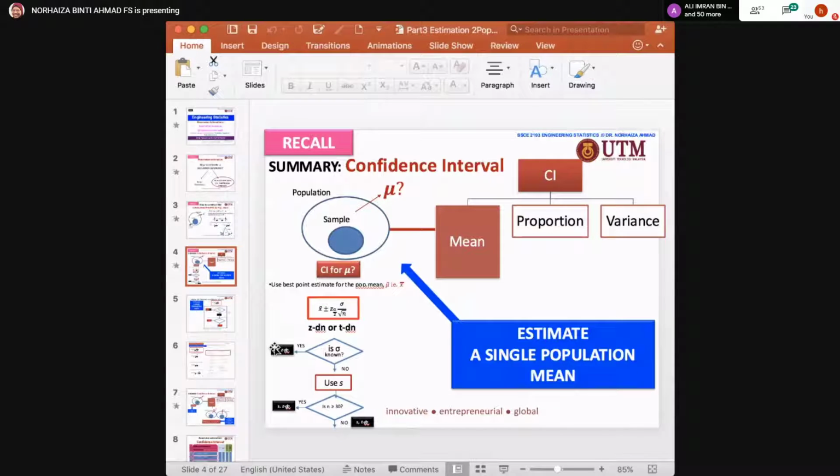So in this case, we do know some information for sigma from the population, and therefore we use a Z distribution, regardless of whether the sample size is big or small. All that reflects the way you construct your confidence interval to estimate a single population mean.